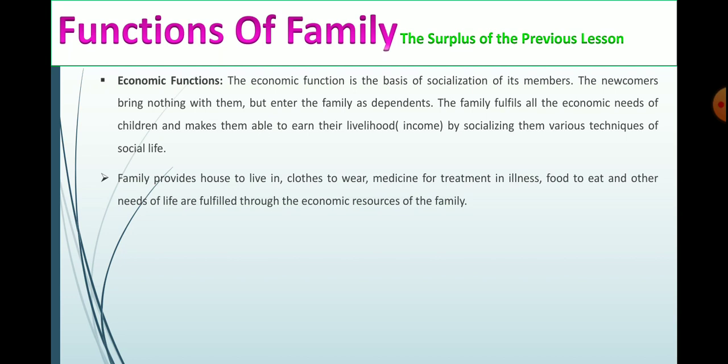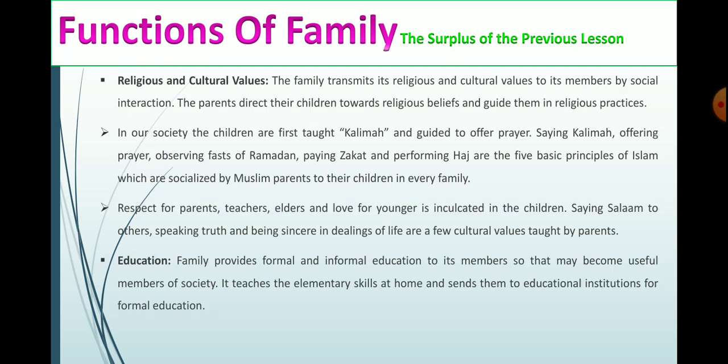While someone is ill or sick, it is the family's accountability to provide medicine for them to recover from the illness. Besides, they should provide food, drink, as well as whatever is needed for its members through using the economic resources of the family. This is a function of family.